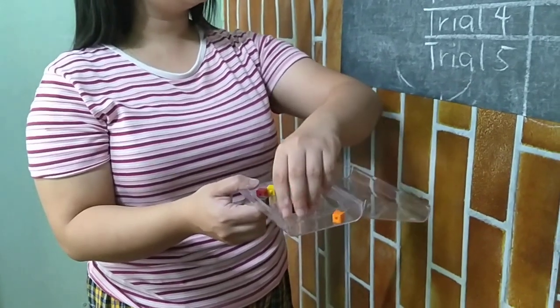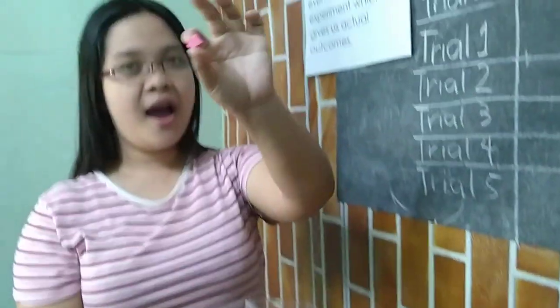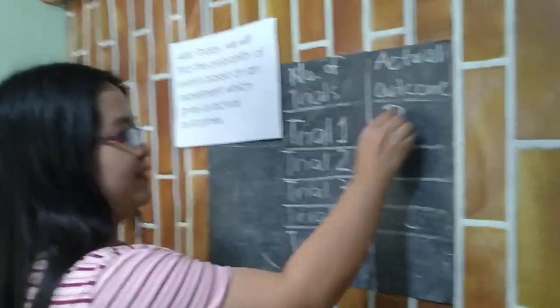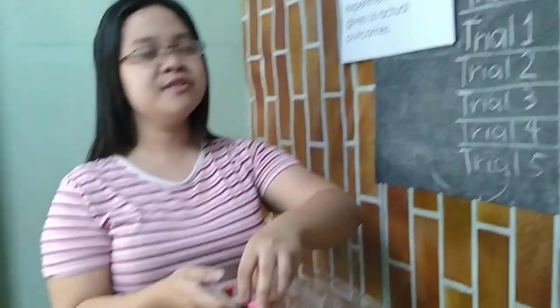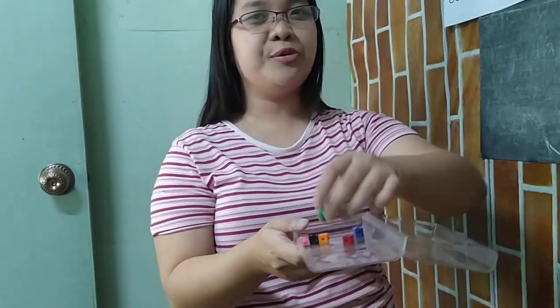Okay, from trial 1, light pick. What color is this? Pink. Okay, let me put it back here. So how about for trial 2? I have green.